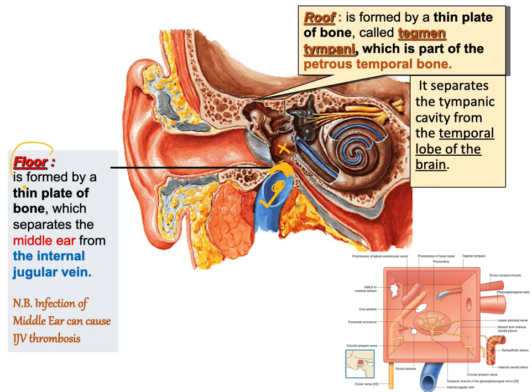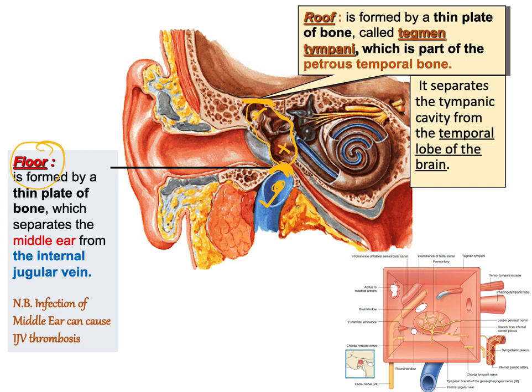This is the floor of the middle ear, right? But what about the roof? This is the roof of the middle ear, formed also by a thin plate of bone, similar to the floor, but it separates the middle ear not from the internal jugular vein.